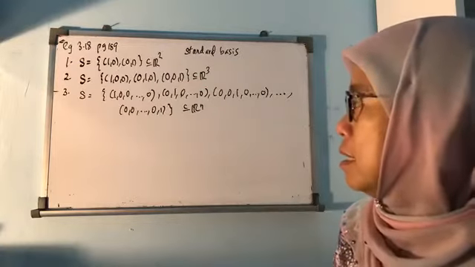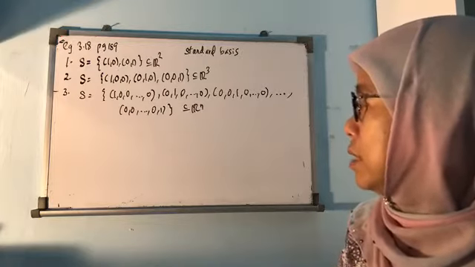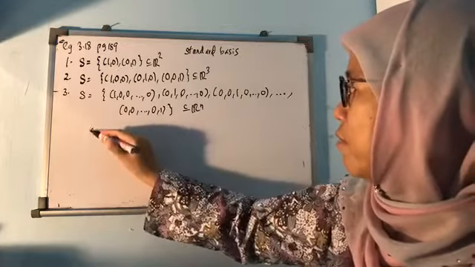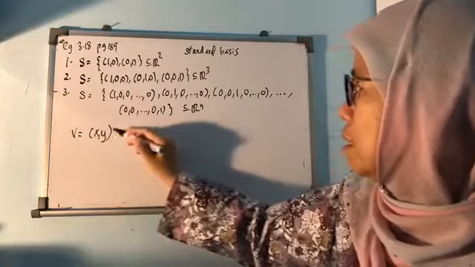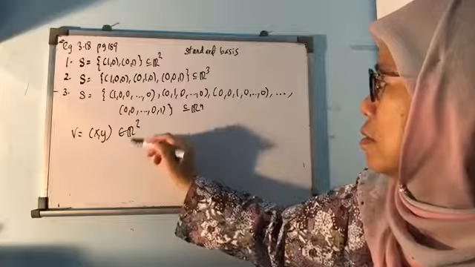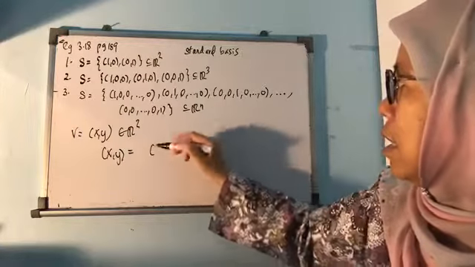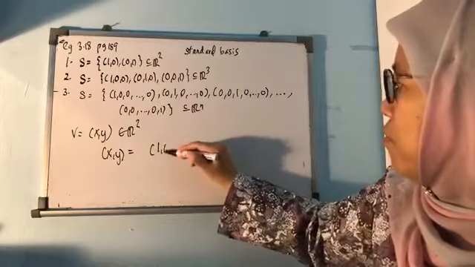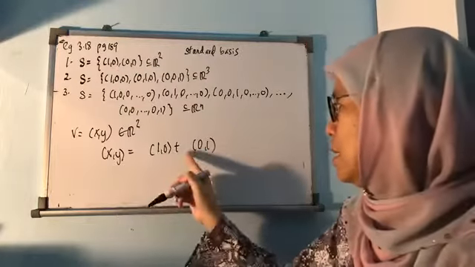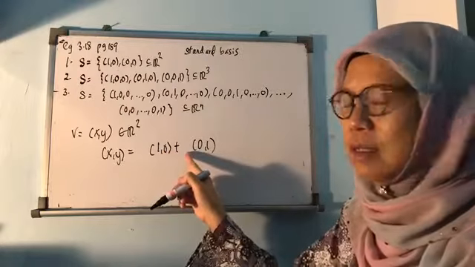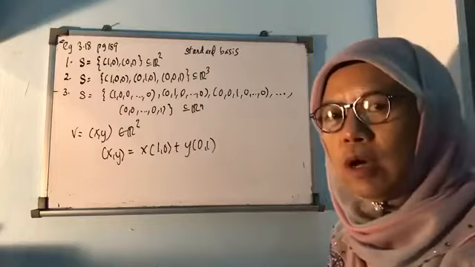This is easy to show that it spans and is linearly independent, because if you say V is (x, y) in R2, you can easily write it as a linear combination of these two, and you can easily find C1 and C2, because for C1 you just put x, for C2 you just put y.